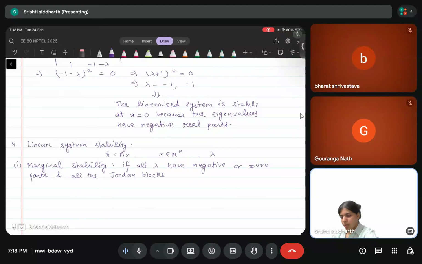Jordan blocks corresponding to eigenvalues with zero real parts are of size 1 by 1.